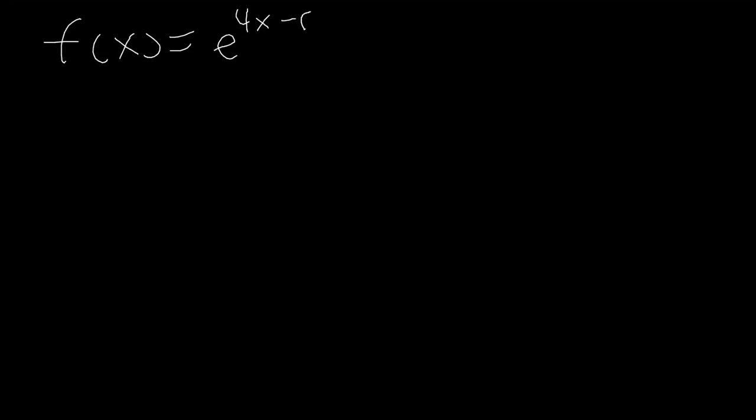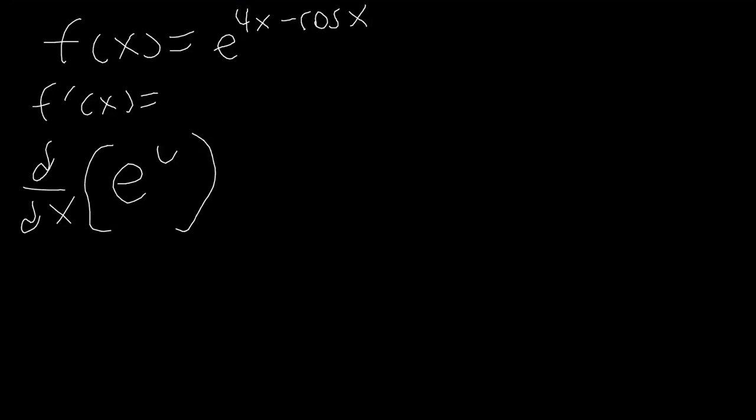So we're going to do a couple more examples. So let's find the derivative when f of x equals e to the 4x minus cosine x. So because the pattern is the derivative of e to the u, it's just, as I said earlier, e to the u times u prime.